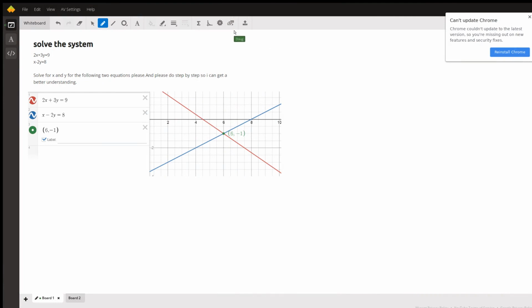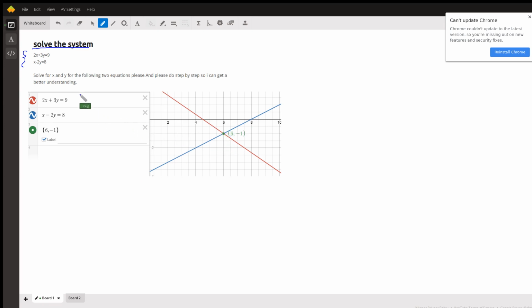Okay, the two most basic ways to solve a system of two linear equations are the substitution method and the addition-elimination method. Here I've solved it using the graphing method, although if you're not using a graphing calculator, sometimes you don't get nice integers like this 6, -1.